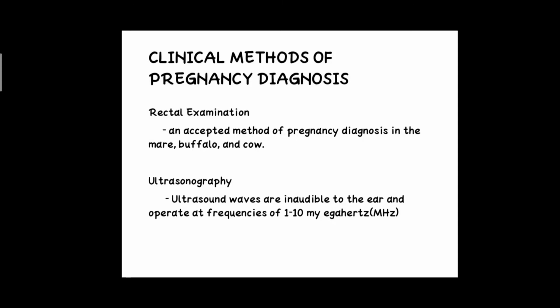The procedure is that the uterus is palpated through the rectal wall to detect uterine enlargement occurring during pregnancy. This technique can be performed at an early stage of gestation, and it is accurate, and the result is known immediately.